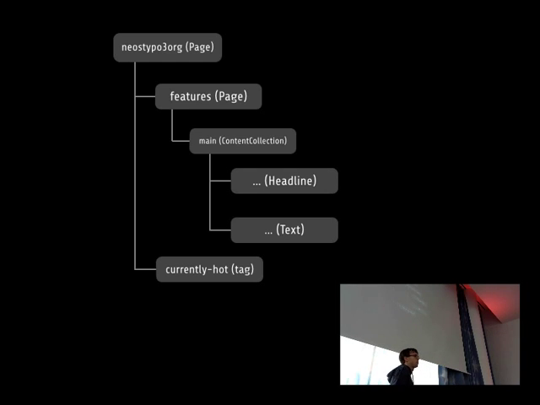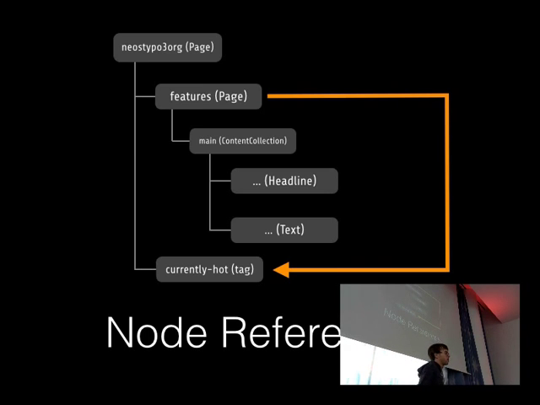It was the latest, biggest feature coming in right before 1.0, which is node references. That means you can store another node in the properties of a certain node.